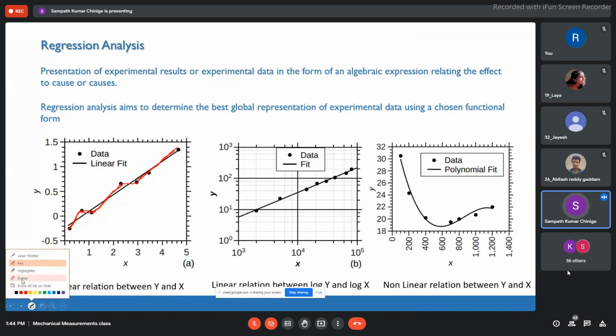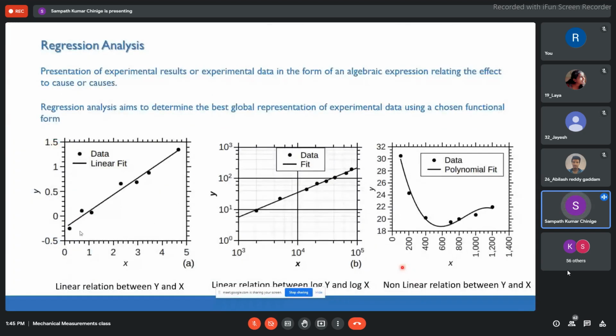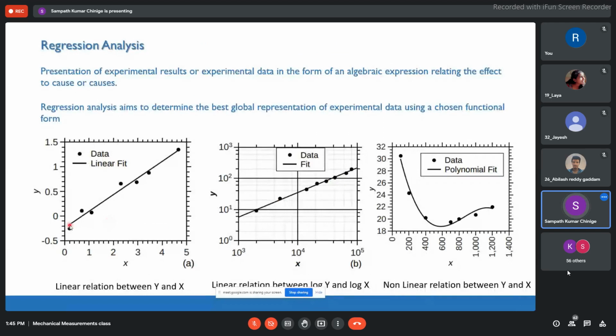So therefore, the easiest thing that we used to do is to have a simple, easy linear fit. That means a line which is equidistant from all the points.